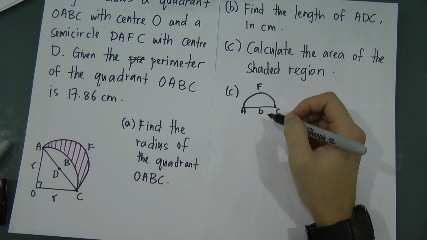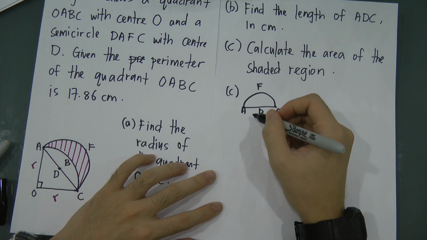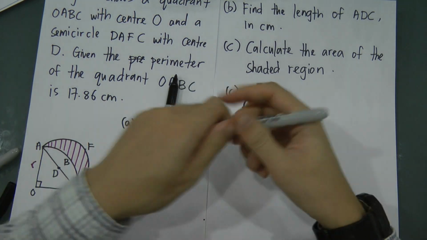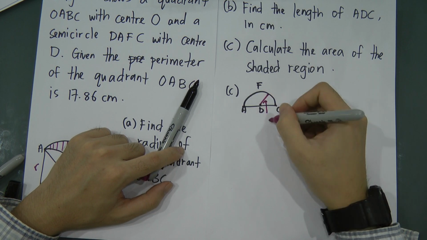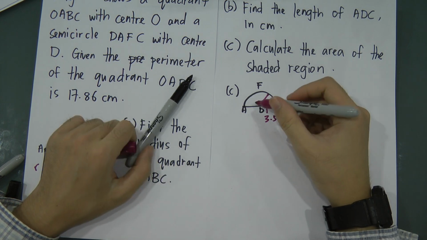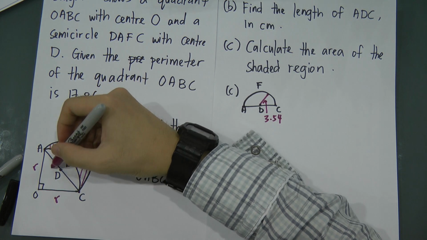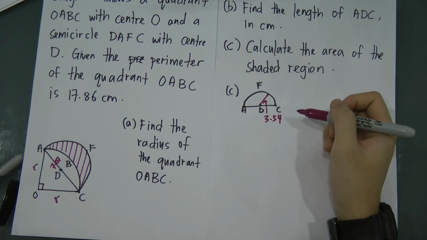We divide by 2, so we've got 3.54. So my radius equals 3.54, because just now we got ADC equals 7.07, so the radius is just half.